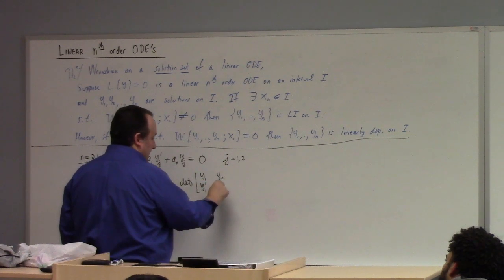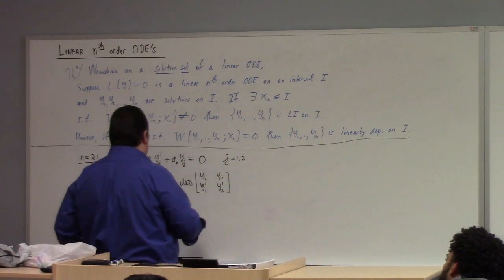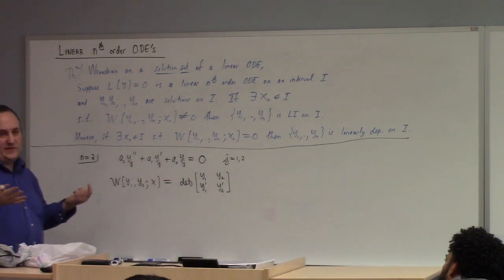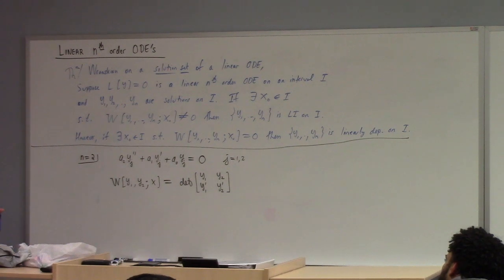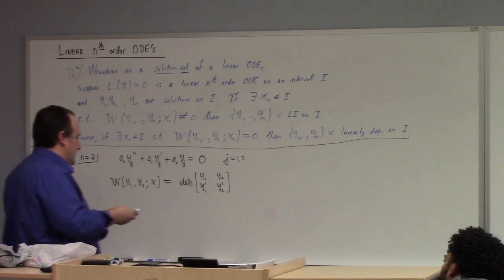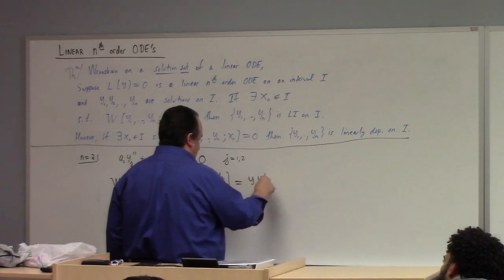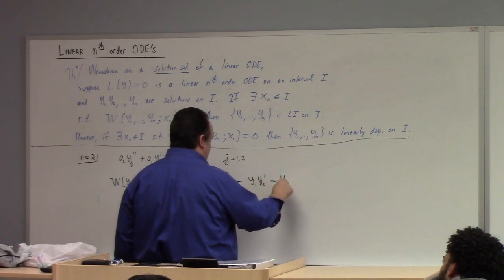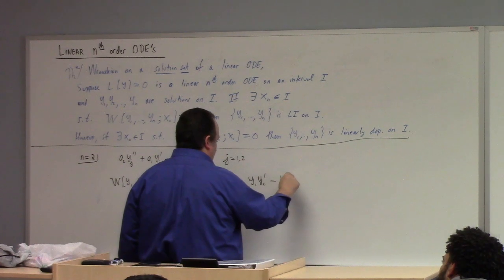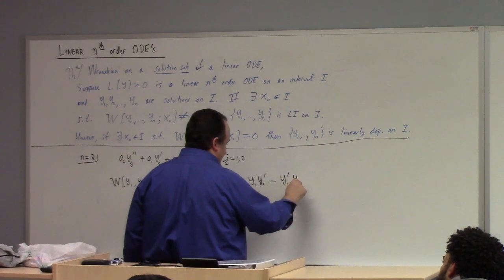There's just two functions though, and it's second order, so it's a 2 by 2 matrix. This is the Wronskian in the 2 by 2 case. So we have the determinant of this 2 by 2 matrix, which is simply y1 y2 prime minus y1 prime y2, like that.